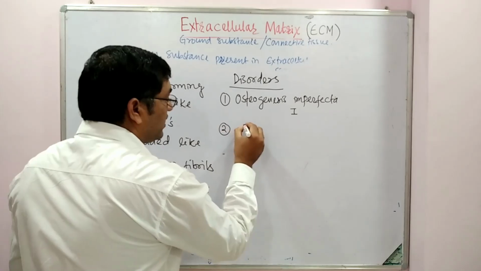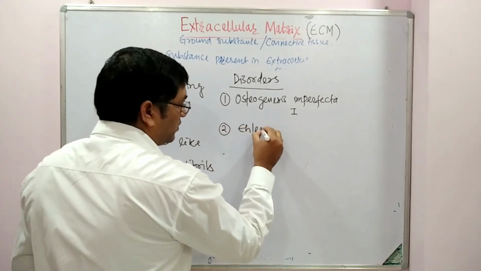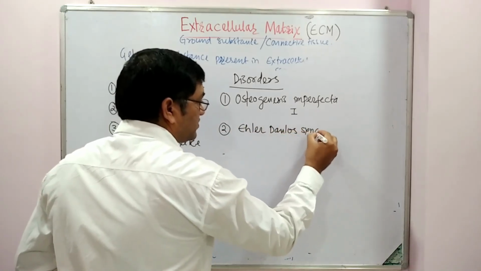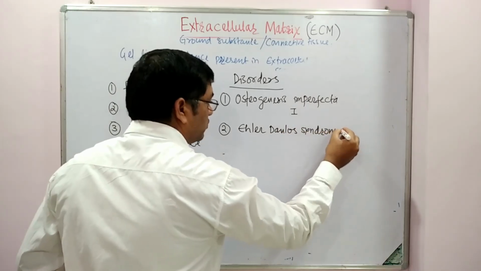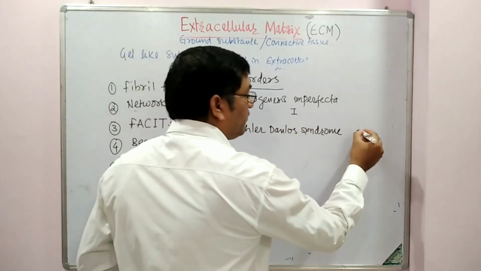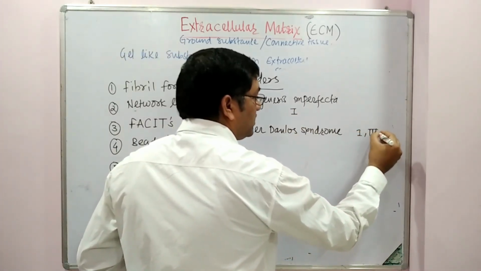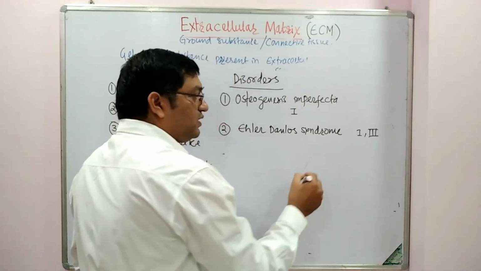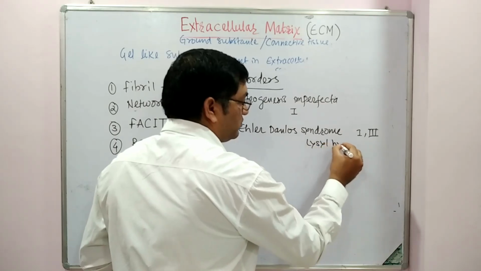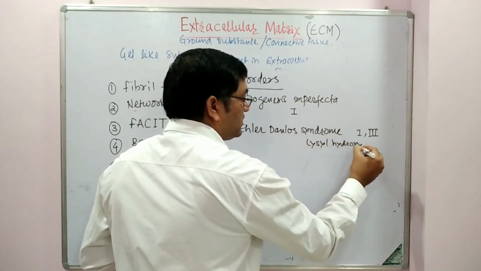Second one is Ehlers-Danlos syndrome. Various types are there. It is due to mutation in the gene coding for type 1 and type 3 collagen, and also there may be a lysyl hydroxylase defect.